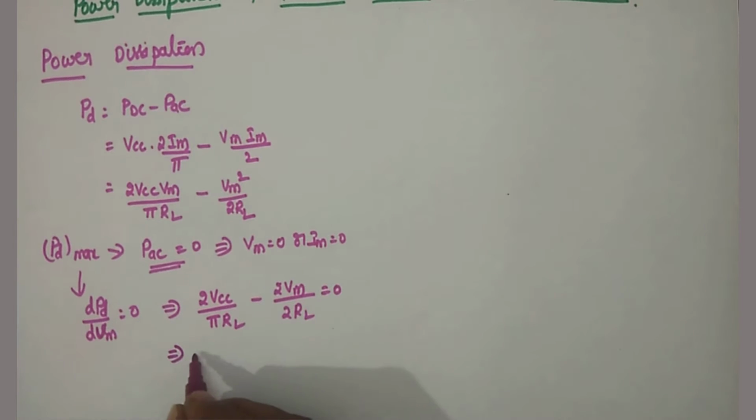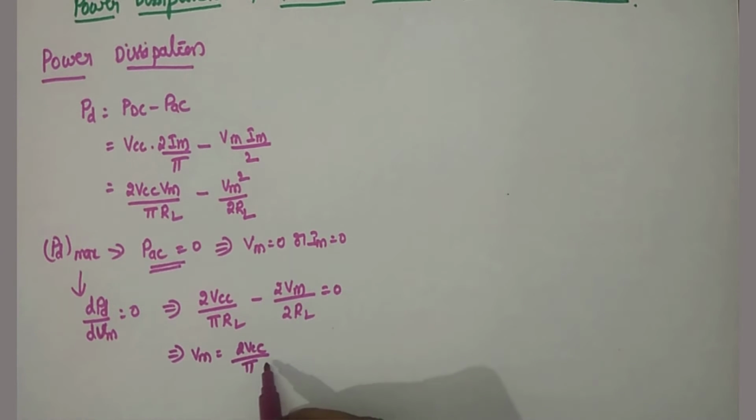It implies Vm is equal to 2 VCC by pi. Now substitute this Vm in PD. If you substitute, that becomes your PD max.